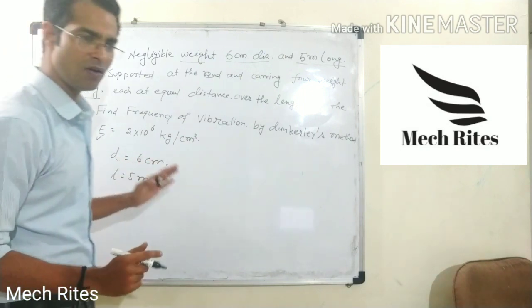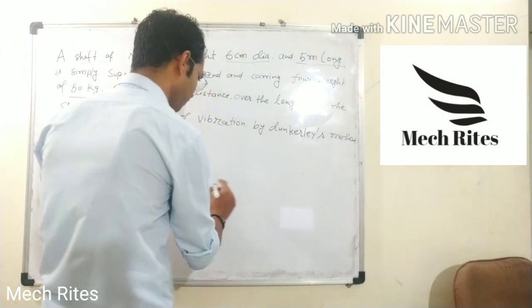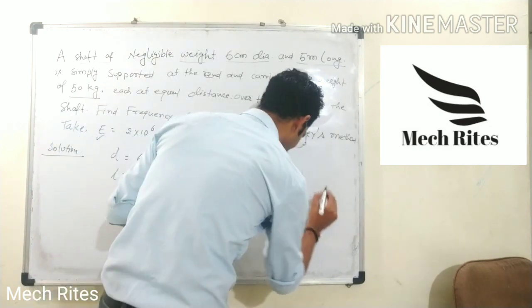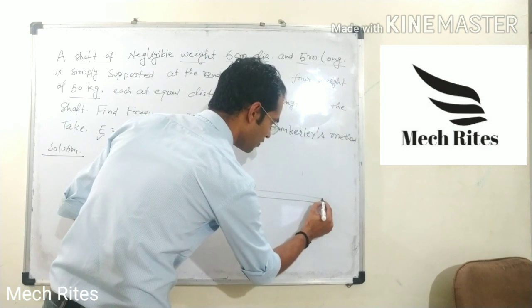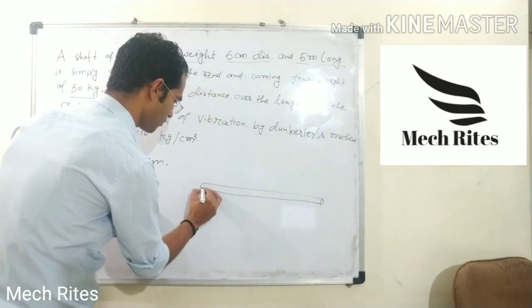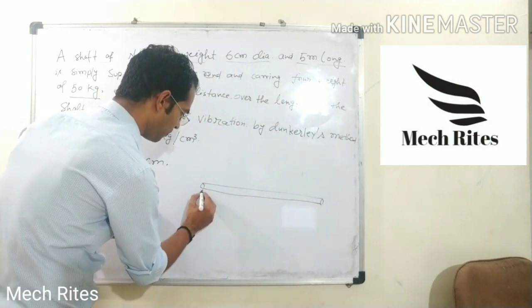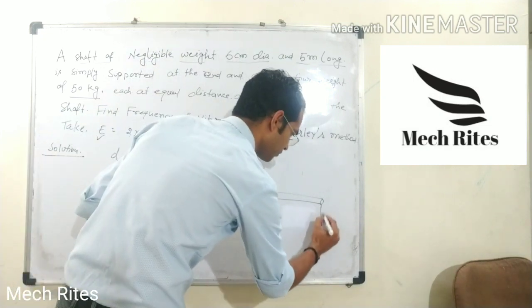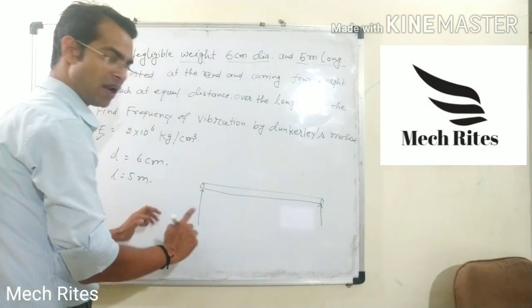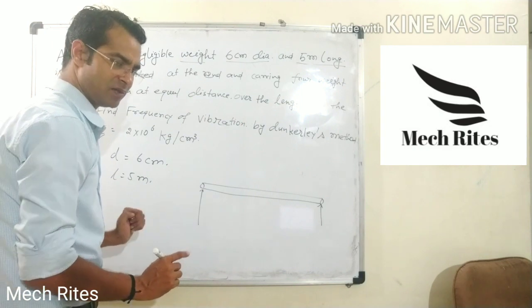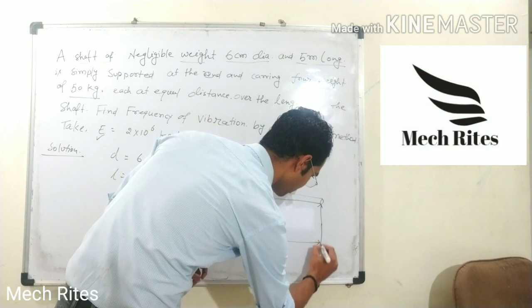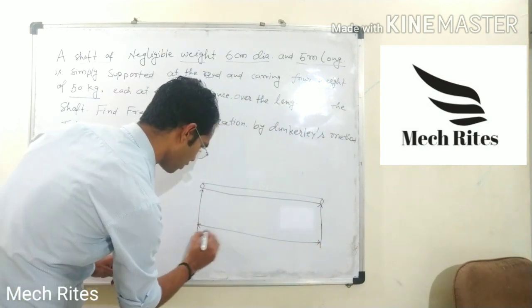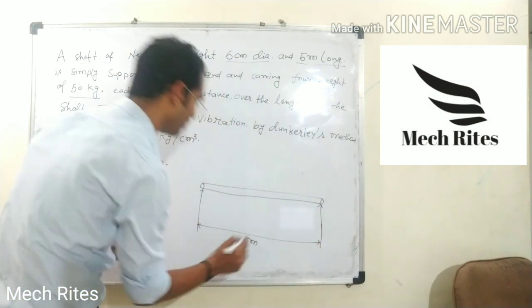So first of all, what will I do? I will draw a diagram. It is our shaft. Let's assume it is our shaft. It is simply supported here. So the total length is 5 meter, so the length from this part to this part is total 5 meter.